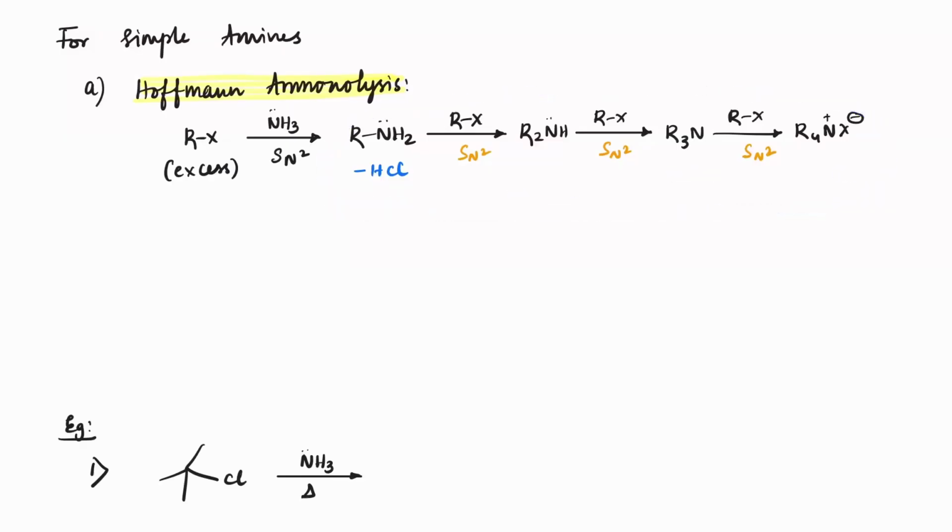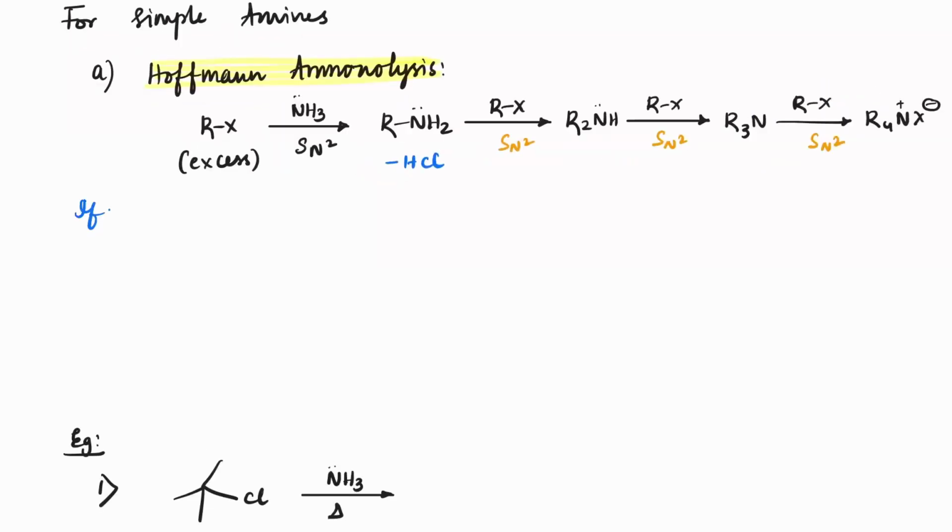But certainly we can say that if RX is in excess, the majority will stop at this point. So if RX is in excess, then the quaternary ammonium salt is major.